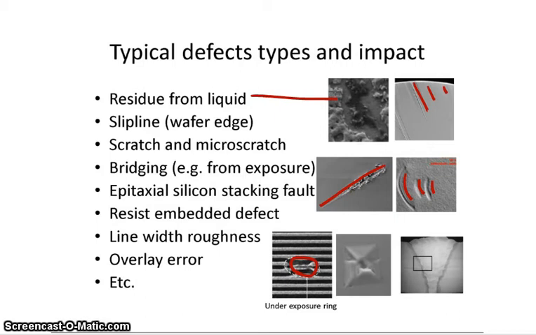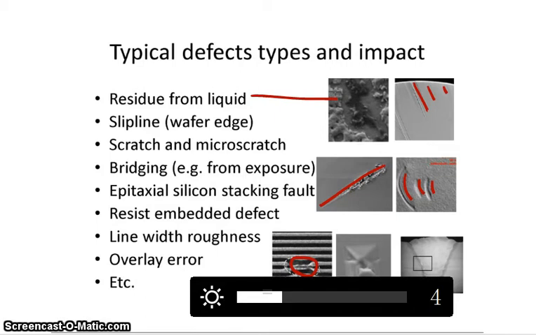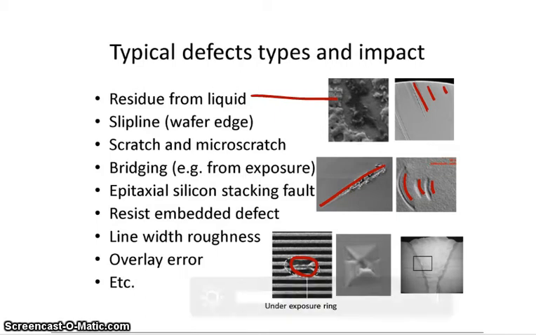So if there is a stacking fault, because the crystal grows with maybe a layer wrong, then it can cause a problem for the FinFET. Some others, like the resist, have embedded defects here. You can see this is the resist, and it can cause a lot of problems. And also some other defects like line width roughness, overlay error, and so on.